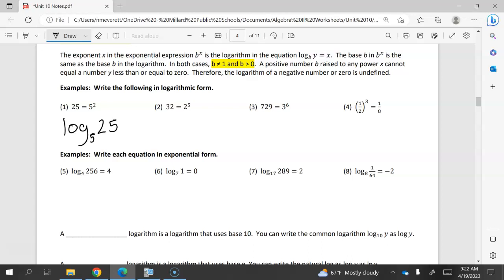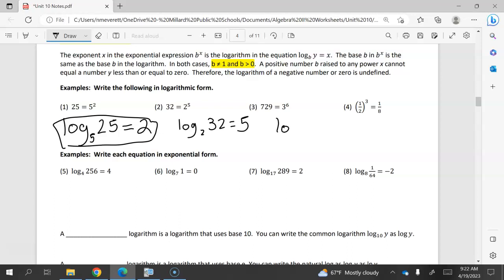Log base 5 of 25, the number the equation equals, and that is going to be equal to the exponent itself. So log base 5 of 25 is equal to 2. If we do something like this, log base 2 of 32 is equal to, what's the exponent? 5.